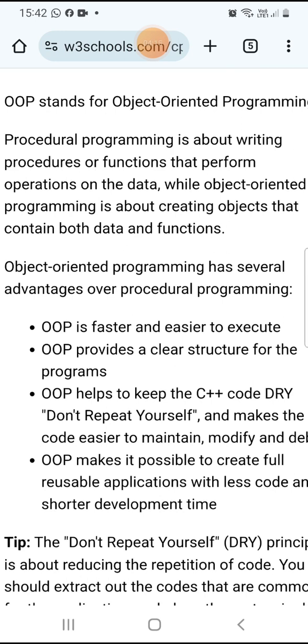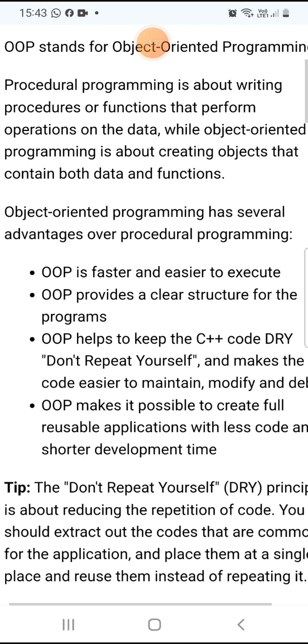So many languages support object-oriented programming, because C was developed around 1974. At that moment this concept of OOPS, I think, had not emerged. After that came C++, the next version of C. So C++ supports object-oriented programming.